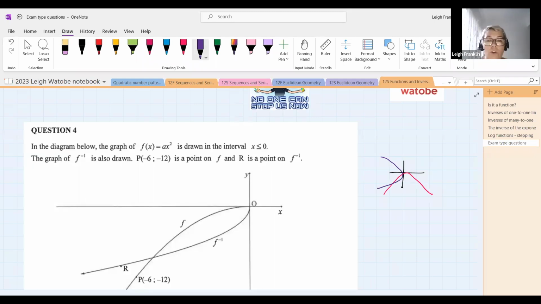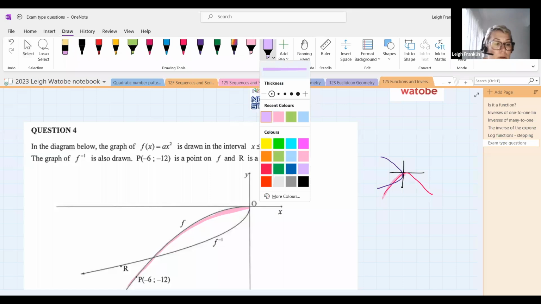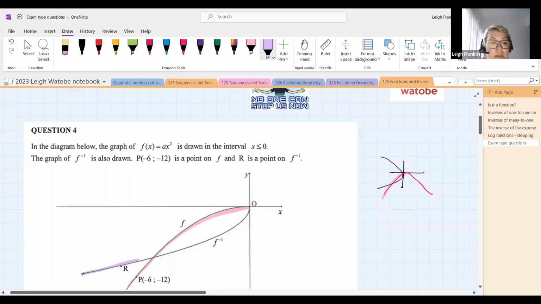What you are looking at here is this. This is f. That's this pink bit over here. The bit in purple, the inverse, is that bit over there. So that's essentially what you're looking at.